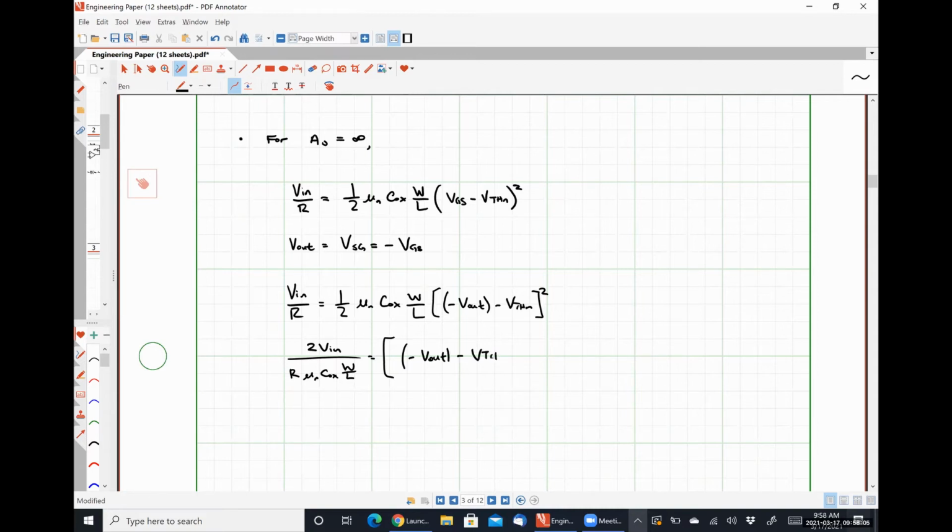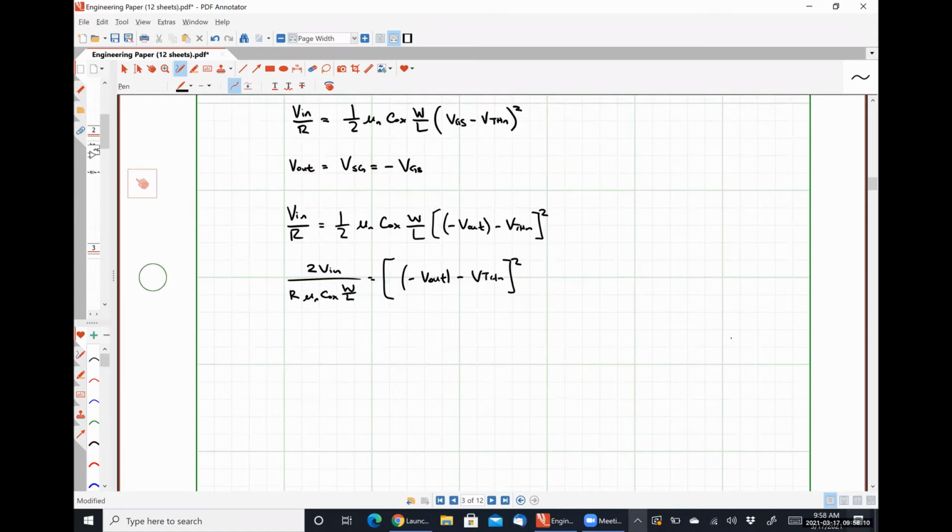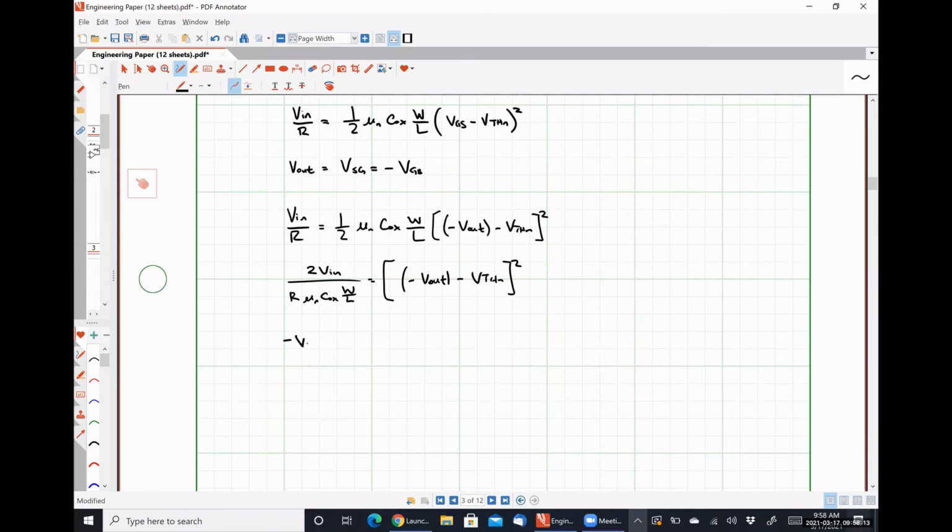negative V out minus VTHN squared. So I can take the square root of both sides, and this gives me negative V out minus VTHN is equal to the square root of twice Vn divided by R mu n C ox W over L. And finally, I get V out is equal to negative VTHN.